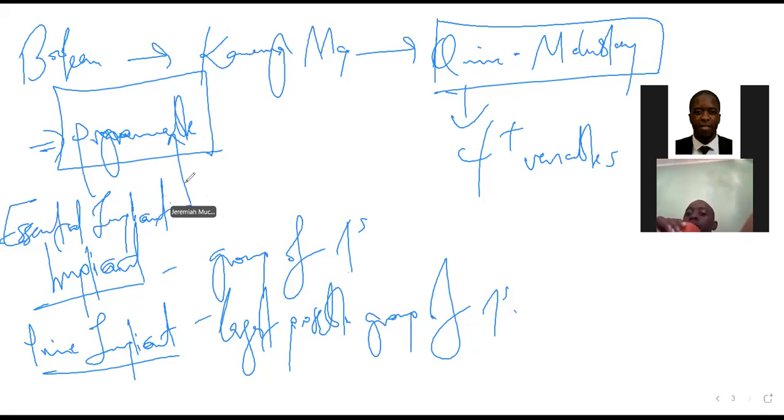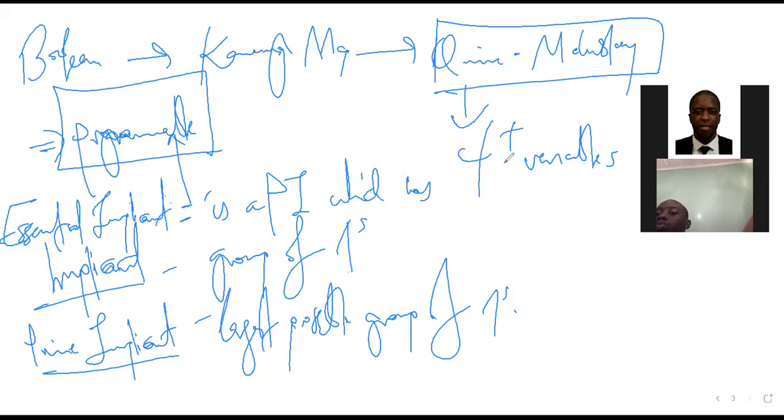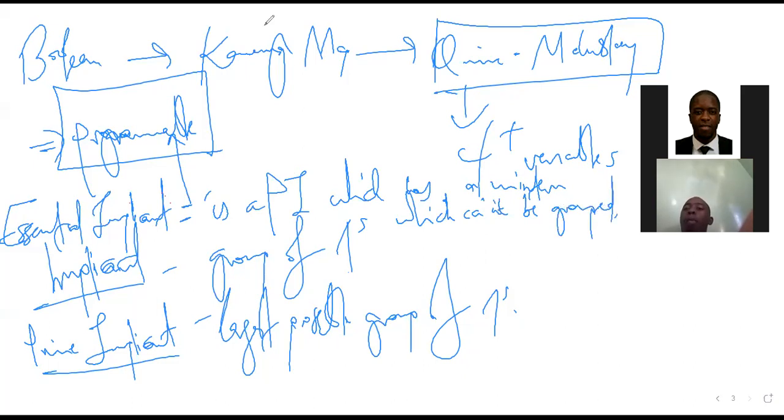So an essential implicant is a prime implicant which has a min term which can't be grouped. Right? An essential implicant is a prime implicant which has a min term which cannot be grouped.